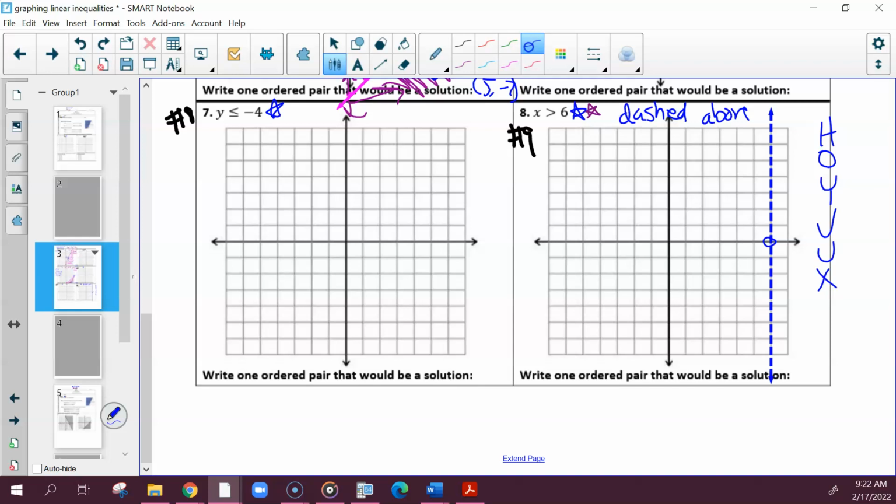If I pick something over here, like 0, is 0 greater than 6? No. So that means I have to shade in this direction, because 7 would be greater than 6. It's up and down because the x is vertical, and then you're looking left and right. So greater than is right, less than is left.